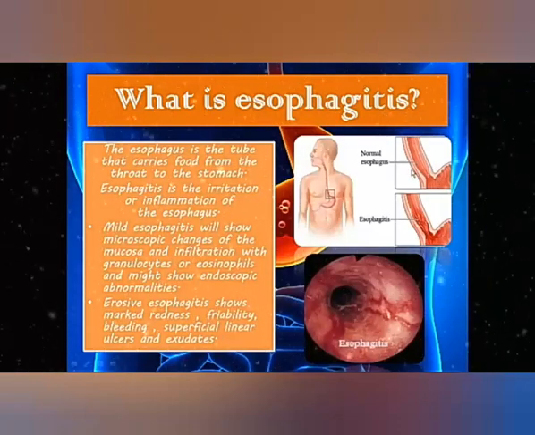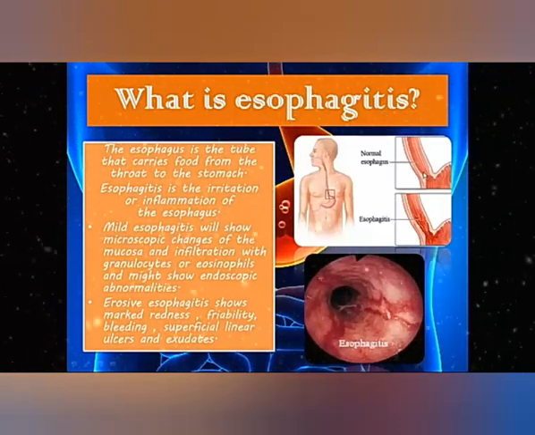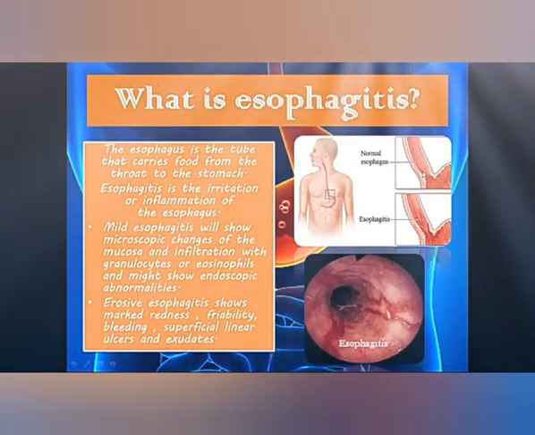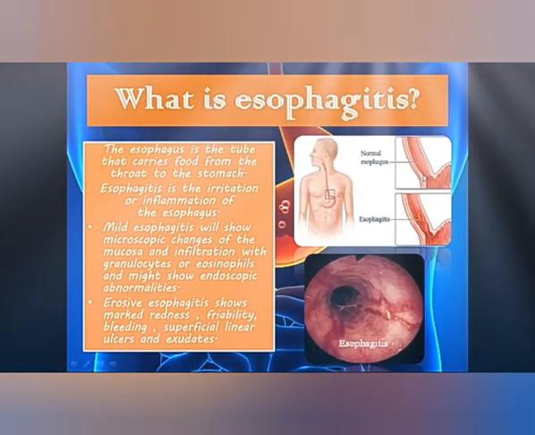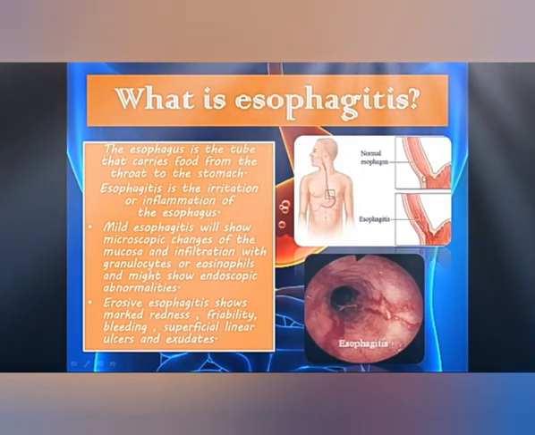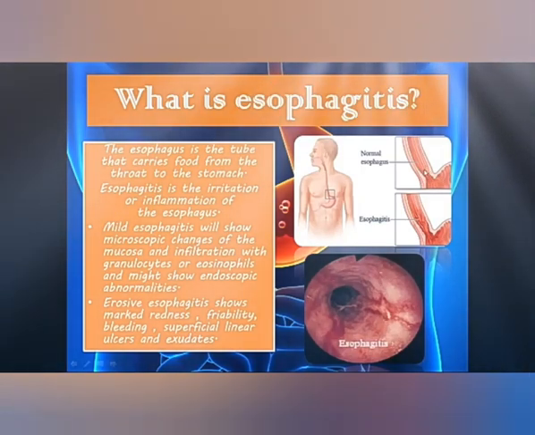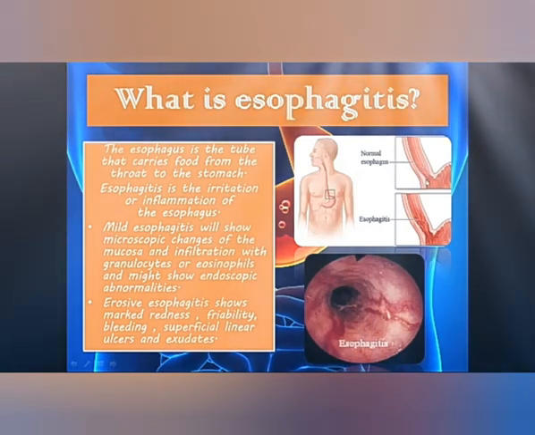In the picture on the right, you can see the layers of the esophagus on transverse section, and you can see here the innermost layer, which is called the mucosa, and the second innermost, which is called the submucosa. That is where esophagitis actually occurs, and it's the irritation of these layers, which are the innermost layers of the esophagus.